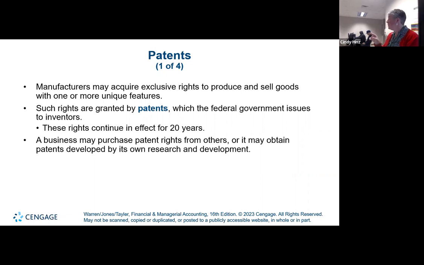And so if we have the cost of a patent on our balance sheet, we would need to be writing that off over 20 years because it has a limited useful life. If the patent's good for 20 years, but we think we can only sell it for maybe 3 more years, we should only amortize it over those 3 years. So that's what I mean when I say whichever is shorter between the legal life and the estimated useful life.